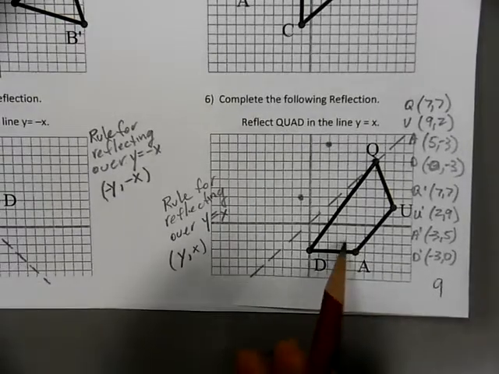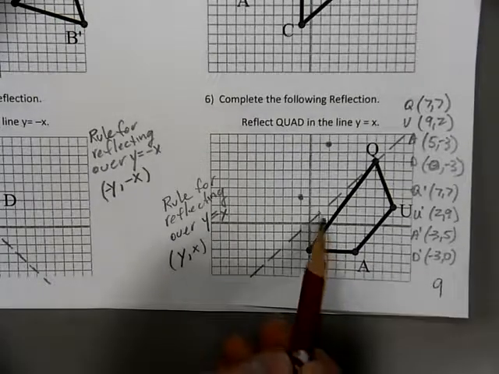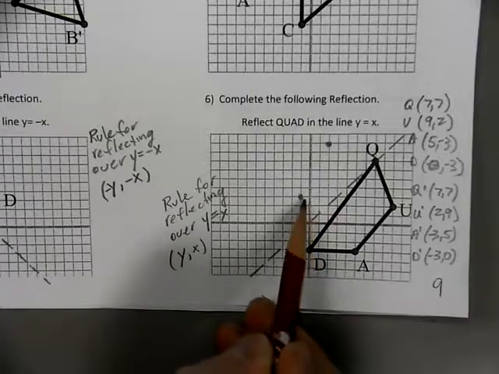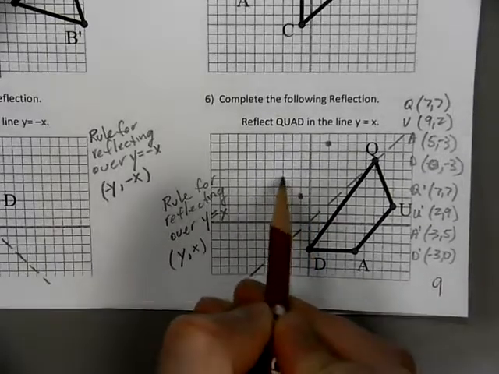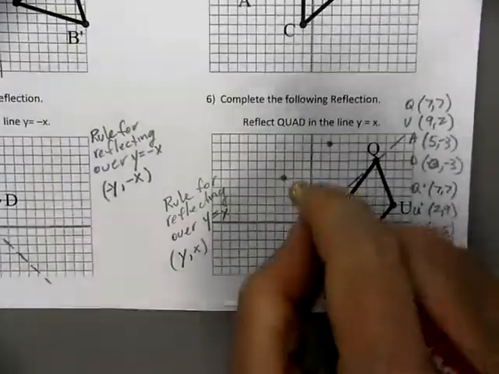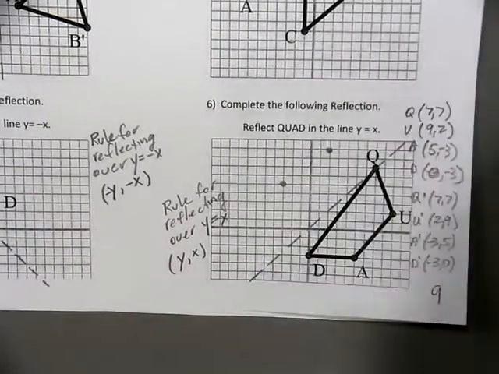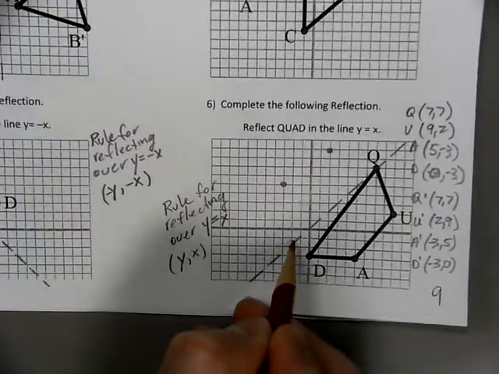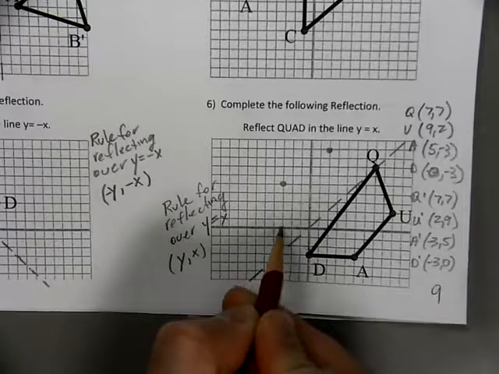Looks like I counted that wrong. 1, 2, 3, 4. 1, 2, 3, 4. One and a half, and 1.